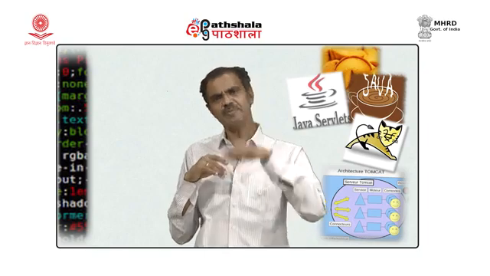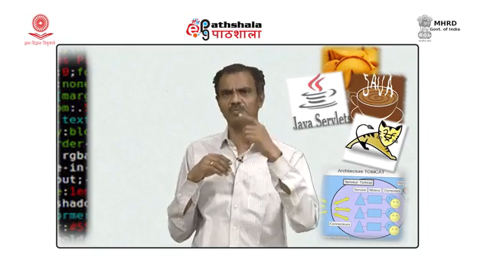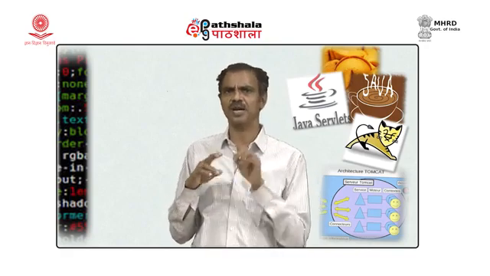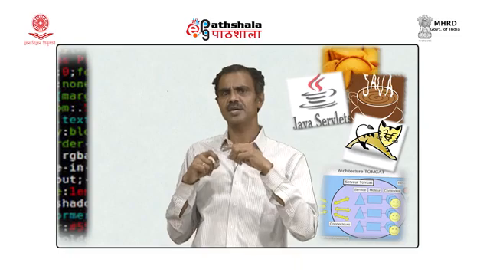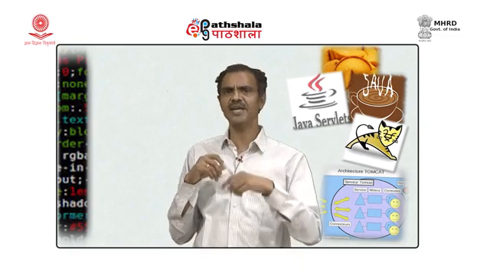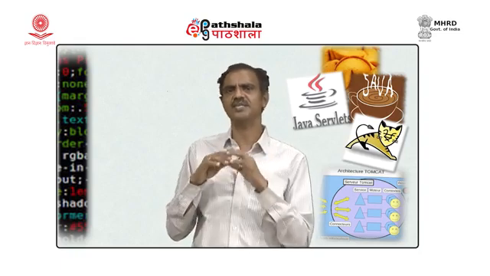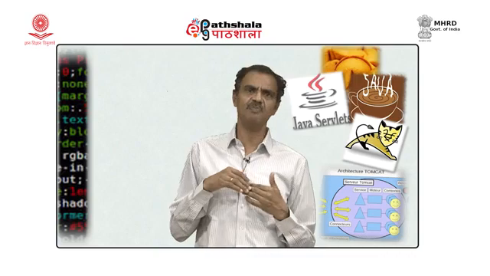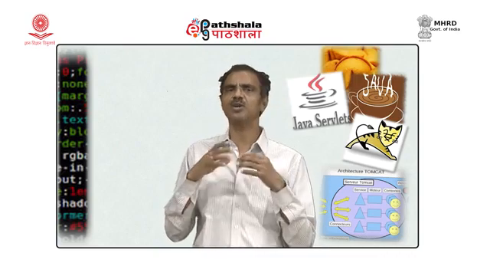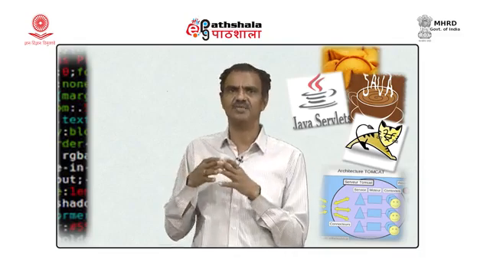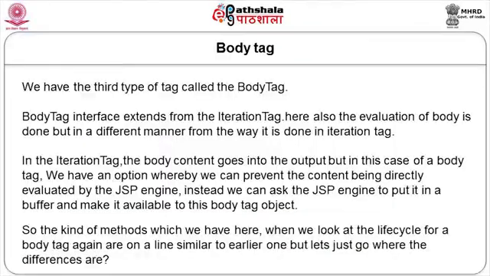If it says eval body again, it keeps on repeating the evaluation of the body, invoking do after body each time, in a loop, unless it says skip body. Once it says skip body, it goes to the regular life cycle method, which is do end tag, and then at the end of the page, it calls the release method.